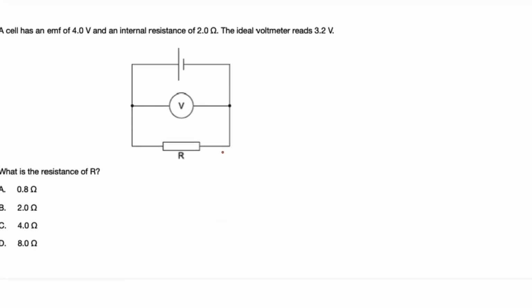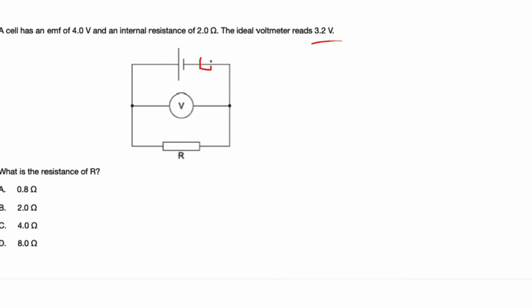A cell has an EMF of 5.0 volts and an internal resistance of 2 ohms. The ideal voltmeter reads 3.2 volts. What's the resistance of R? So it lost a voltage of 0.8 volt from the battery terminal to the resistor, which must be caused by the internal resistance.